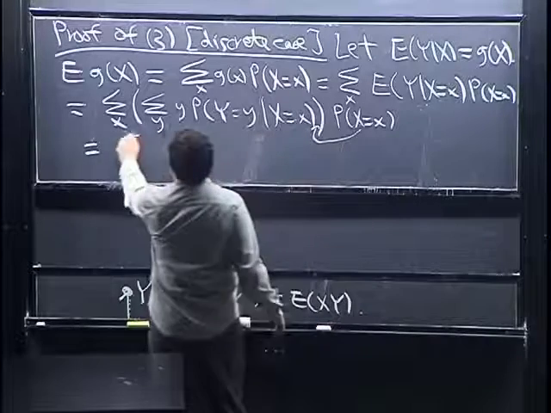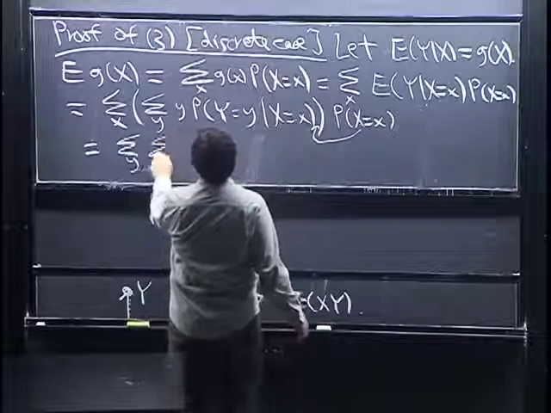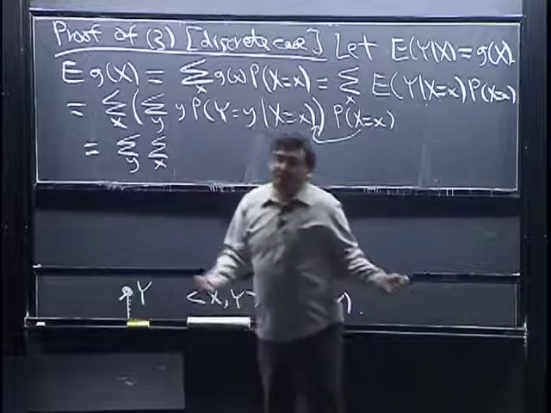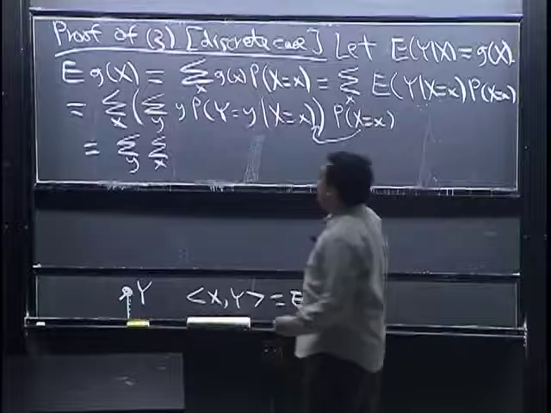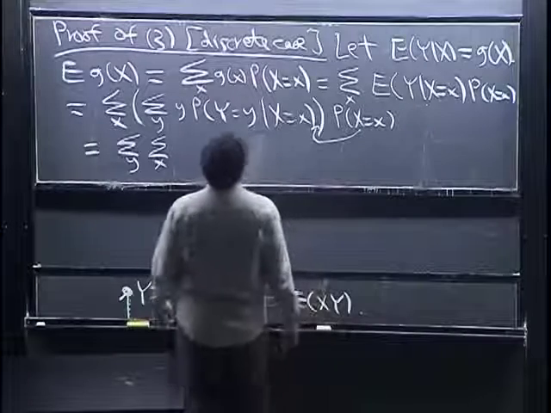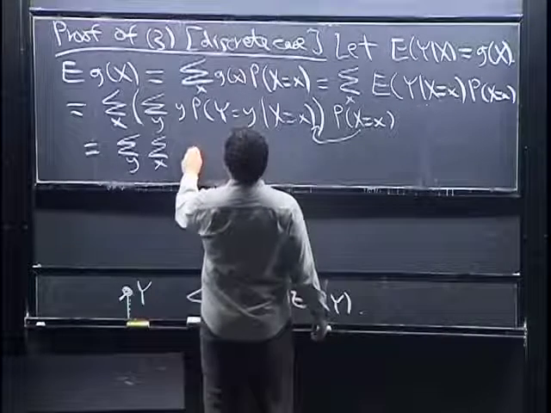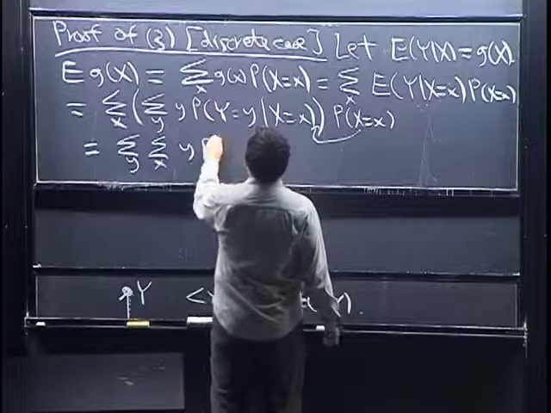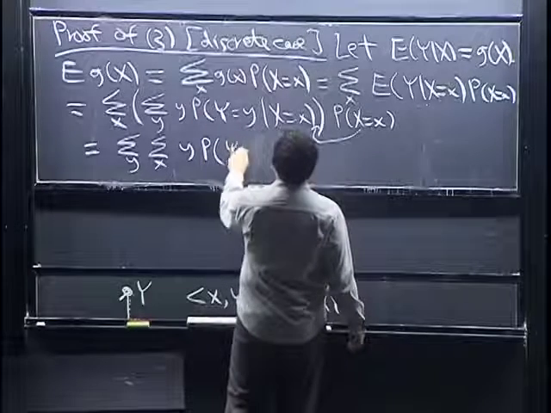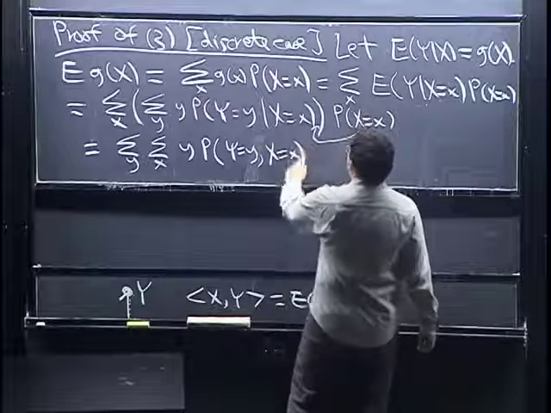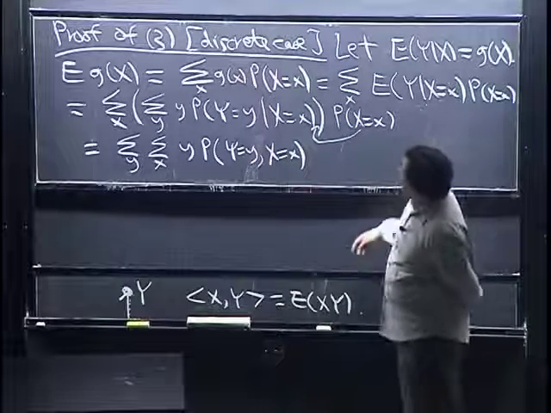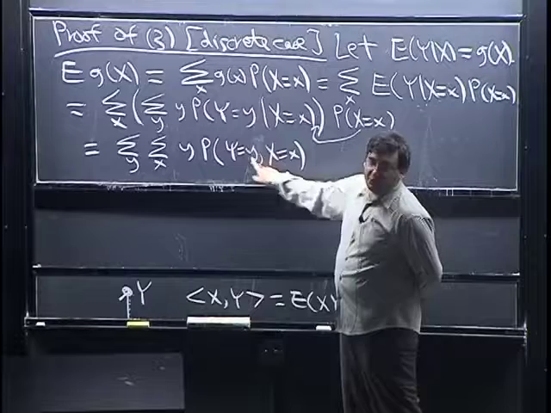So I'm just going to say sum over y first and then sum over x. That's the same thing as summing over x and then summing over y. We're just rearranging terms, but it's just adding in a different order, okay? And then that's y times P of Y equals y, X equals x. I can write it this way because, remember, that's the joint PMF.